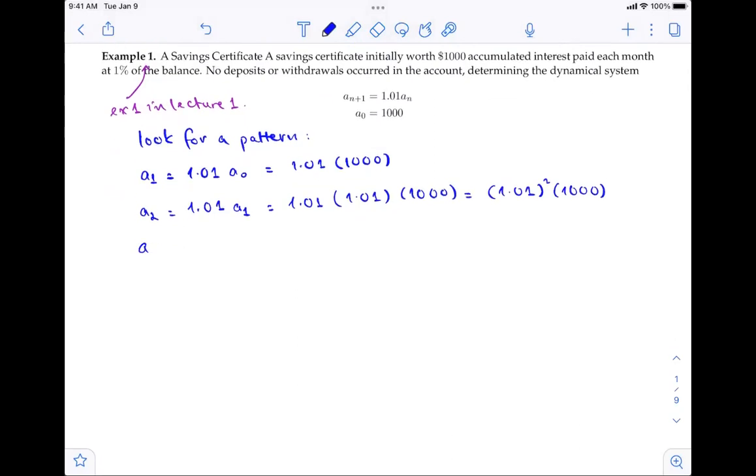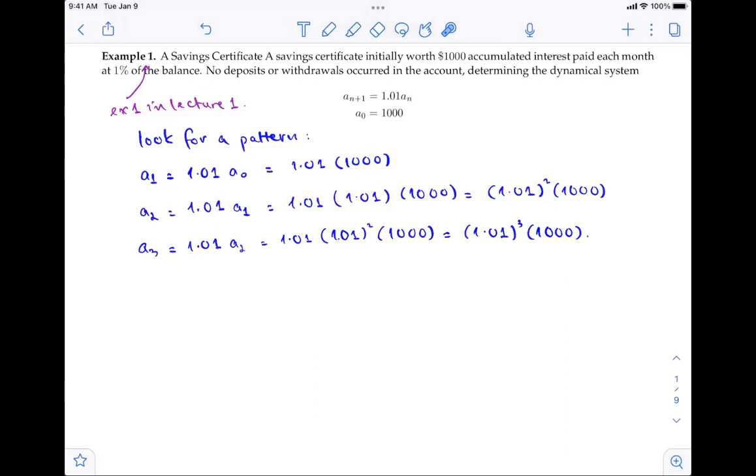Now a3 is 1.01 times a2, or 1.01 times 1.01 squared times $1,000, and therefore you get 1.01 to the third power times $1,000. You can continue this process to make predictions about the pattern of the sequence, but at this point I can see there's a certain pattern here.